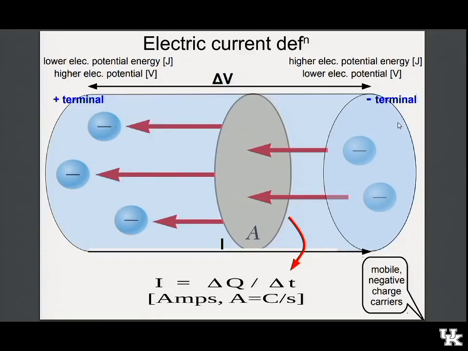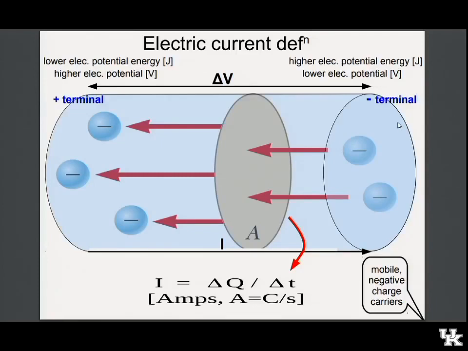So electrons over here on the right have higher potential energy, and they roll downhill to over here on the left, where they have lower electrical potential energy. But still, I could look at some location in the wire, count the amount of charge that's passing through that location, measure the time interval, and define a current as the amount of charge per unit of time. And again, I'm measuring in amps or coulombs per second.